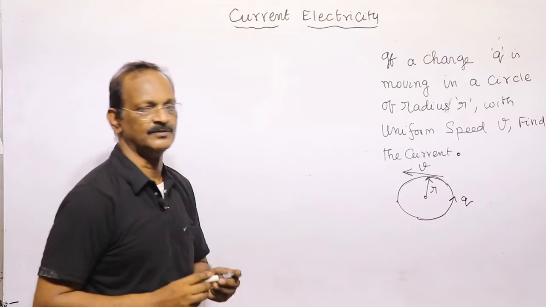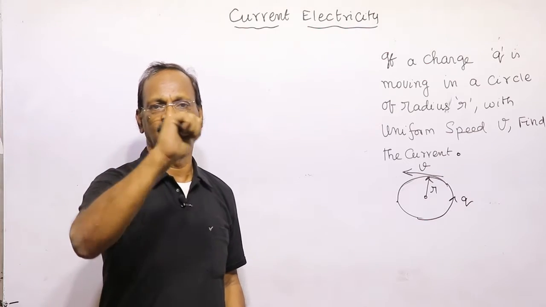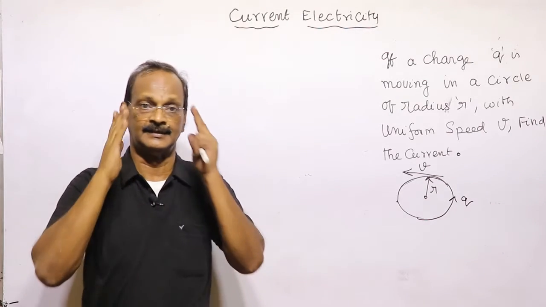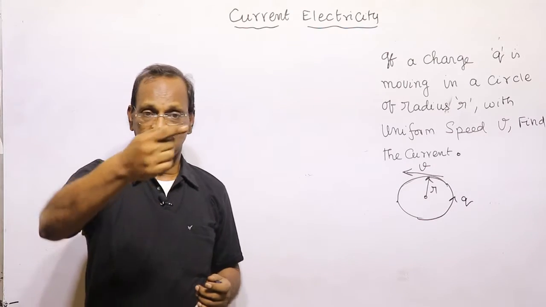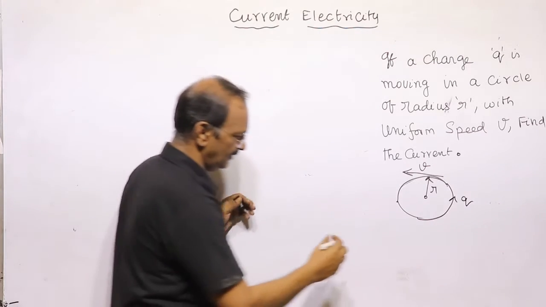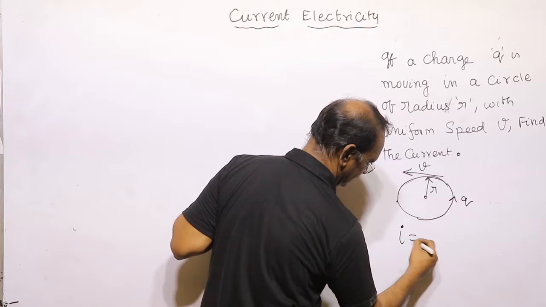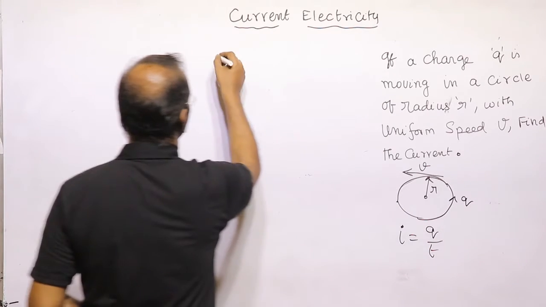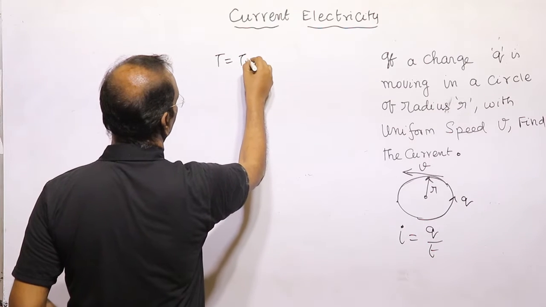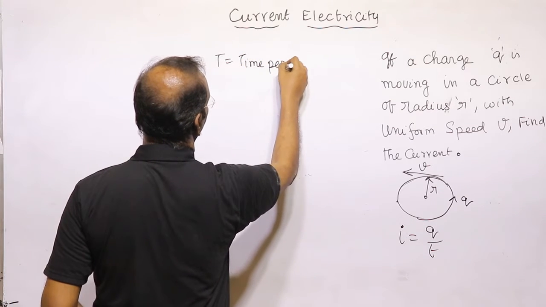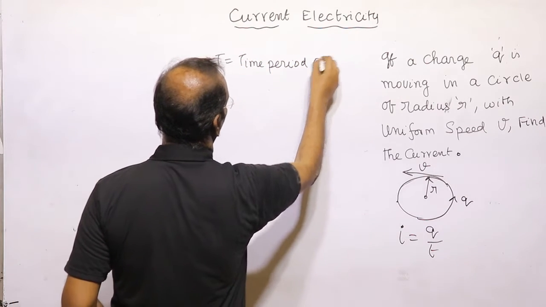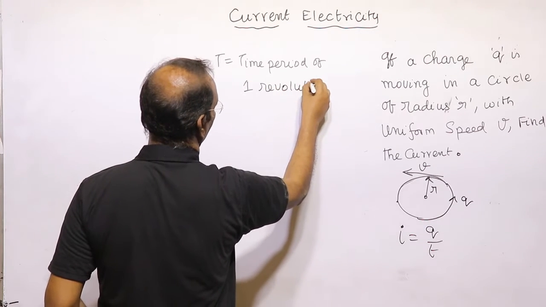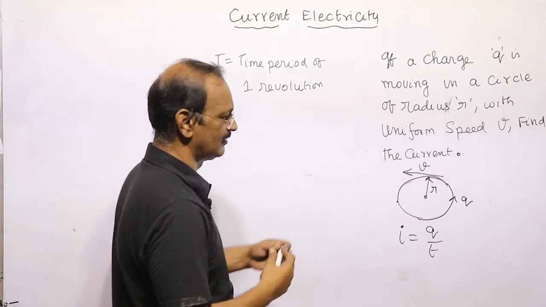Once a charge is moving in a circular fashion, it will have linear velocity along the direction of motion in the tangential direction. We know current I is equal to charge divided by time. Here, T is the time period of one revolution, because it is moving in a circular fashion.